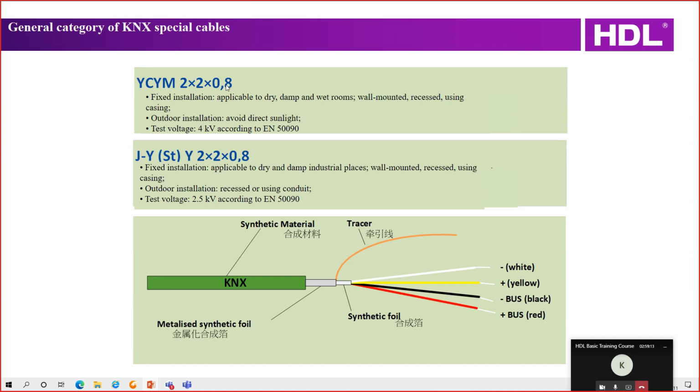So here are 2 general categories of our KNX special cable. And this is its specification.